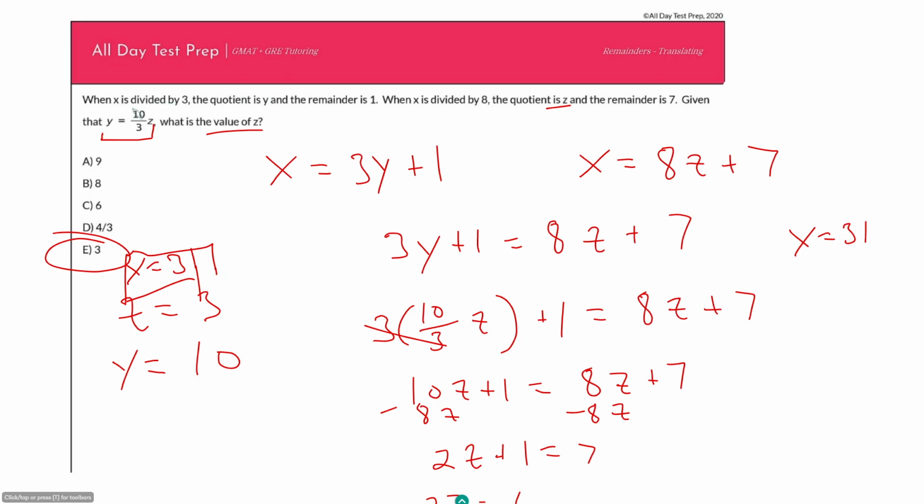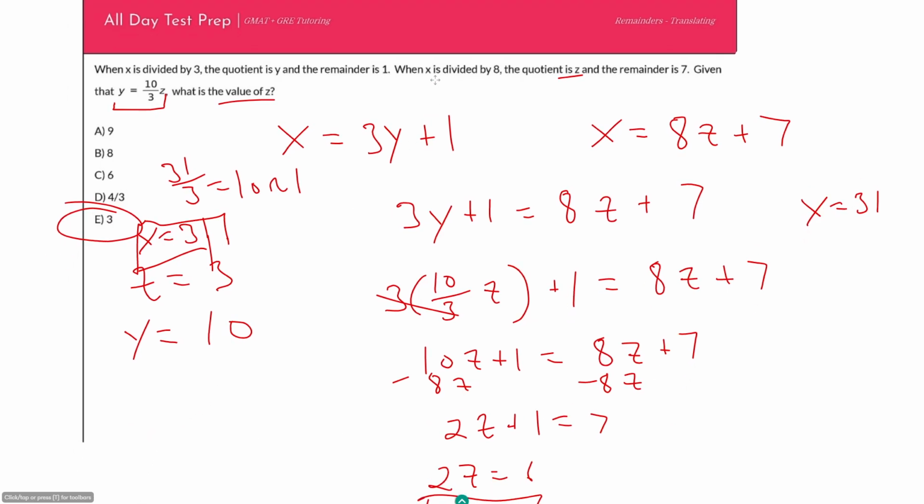So when 31 is divided by 3, what should this be? This should be 10 remainder 1, right? So when x is divided by 3, the quotient is 10 and the remainder is 1. So this works. And how about over here?